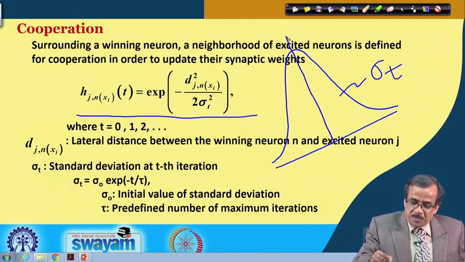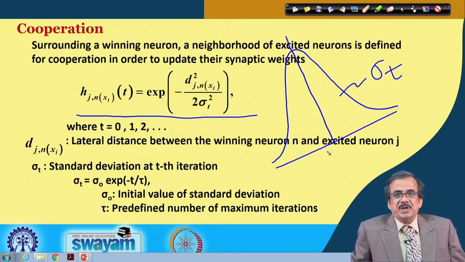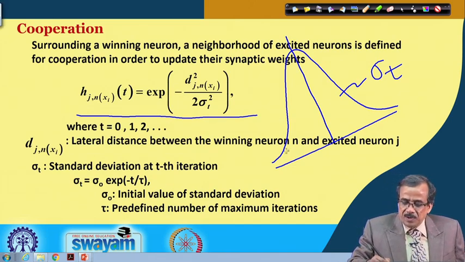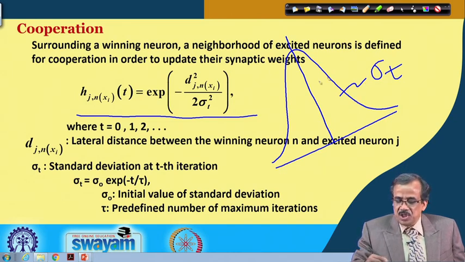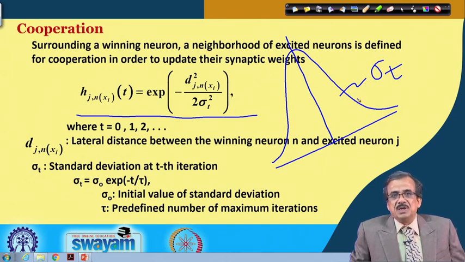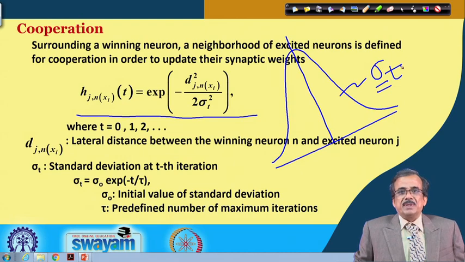So, the mean properties are decided by the winner's property, which has been declared as winner in that competition, and the nature of the Gaussian distribution will be decided by the standard deviation, that is sigma t. T means the tth iteration.